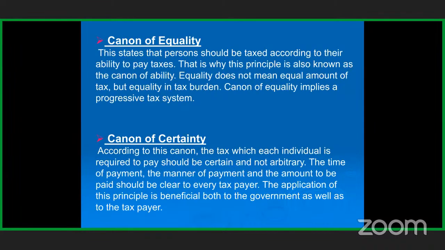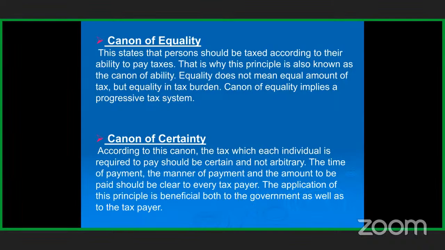Okay, friends, canon of equality. This states that persons should be taxed according to their ability to pay tax. If the tax is beyond the ability of the taxpayers, they always try to evade the tax.